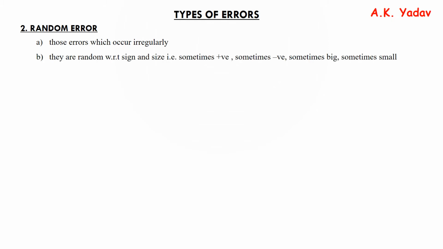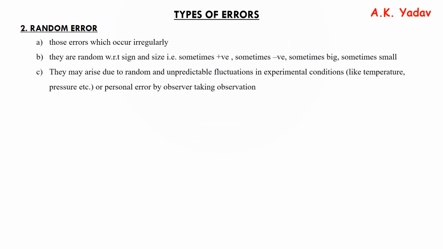Let's move to the second type of error, which is called random error. Random errors are those errors which occur irregularly. That means sometimes they may be positive, sometimes negative, sometimes they may give big values, sometimes small values, and they may arise due to random and unpredictable fluctuations in experimental conditions or personal error also.